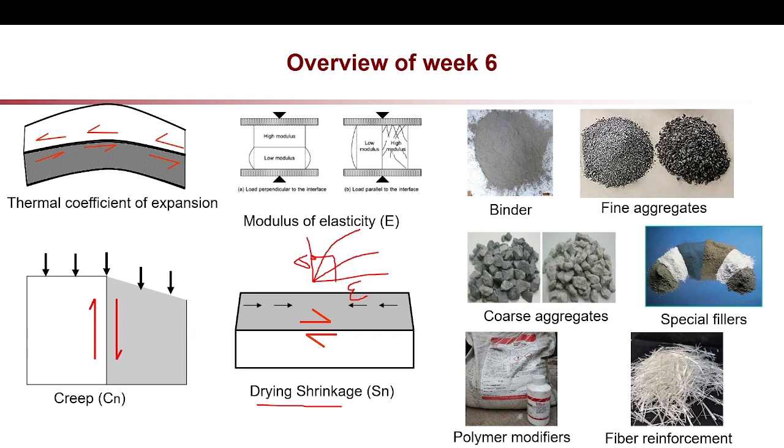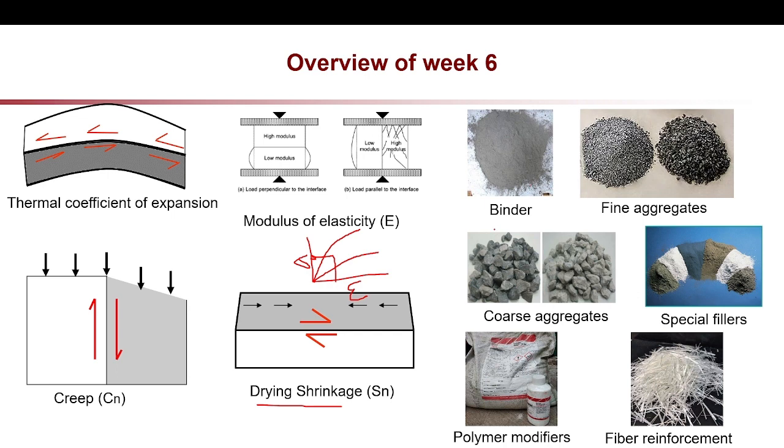Whenever we are using repair materials, the basic ingredients are binders. Mostly we are using cement, and in some cases epoxy or something else. Next are the fine aggregates: sand, and now they are using RCA also, recycled concrete aggregates, as fine aggregates and coarse aggregates.